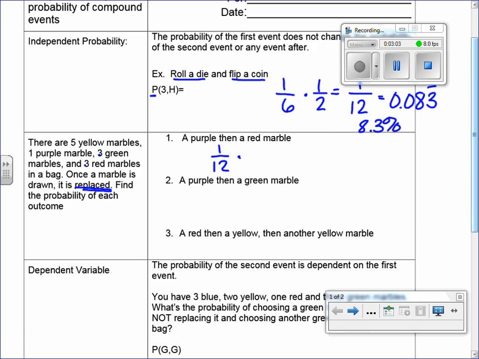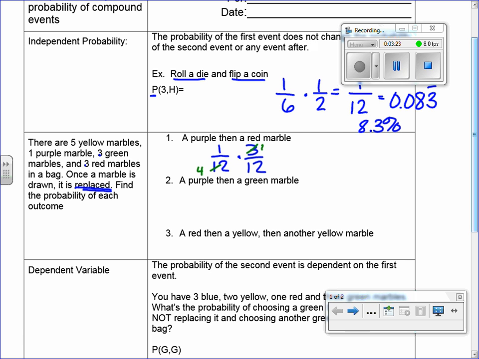Then it says a red marble. Because we're replacing that marble, it's going to be times 3 out of 12. Now, if you did your multiplication of fractions correctly, you know you can reduce before you multiply.